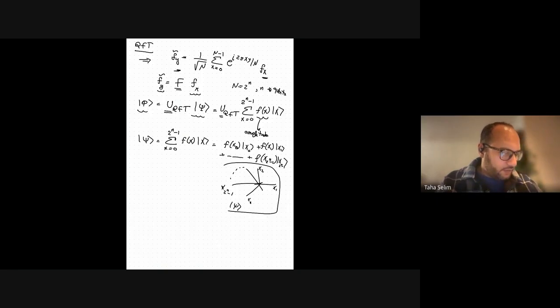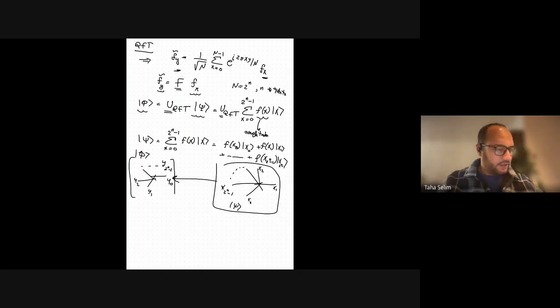Then we have a representation of psi, and we transform from this representation to another representation, which has y's in it. Then we get phi. So the Fourier transform does this mapping for us. Hence, we can conclude that f of x, since it is the amplitude, is just a projection of the state vector on a specific dimension or a specific state.